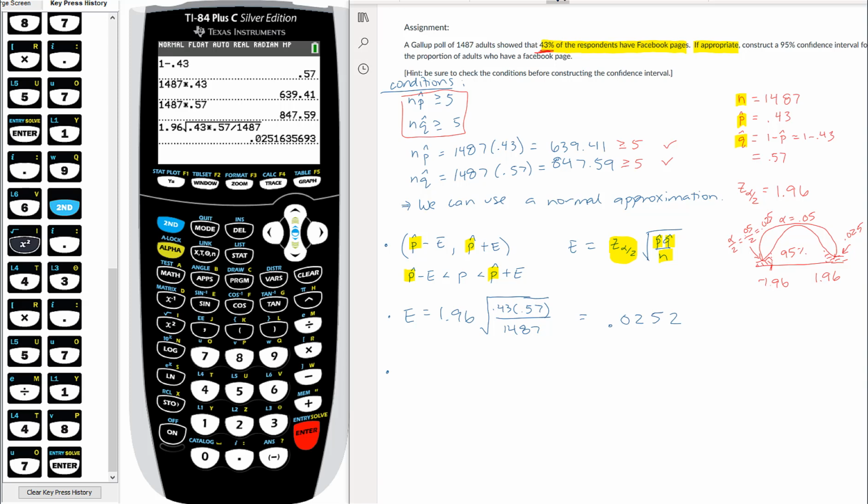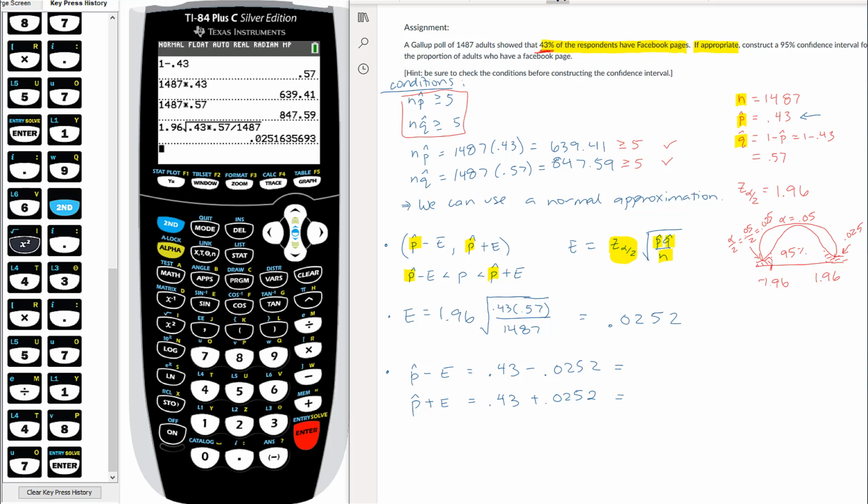Then we're going to find p hat minus E, and then p hat plus E to compute the values of the confidence interval. So p hat minus E is going to be 0.43, which was the p hat that we found before, minus E, which was 0.0252, and then p hat plus E is going to be 0.43 plus 0.0252.